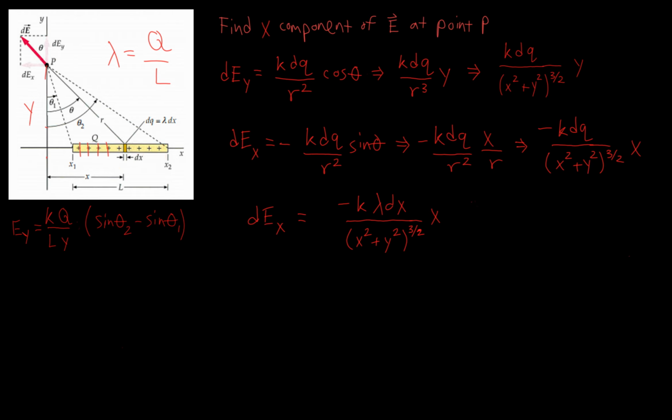And each of those pieces are going to have a small amount of charge dq, and those are going to create a very small amount of electric field in the x direction at point P. And if we add up all of those contributions to the electric field in the x direction at point P due to these small amounts of charge, we would finally get the x component of the electric field at point P. And that is why we would have to take the integral of both sides with respect to dx.